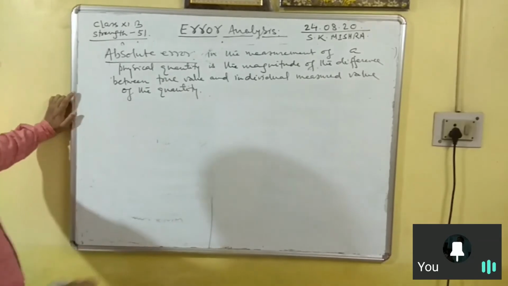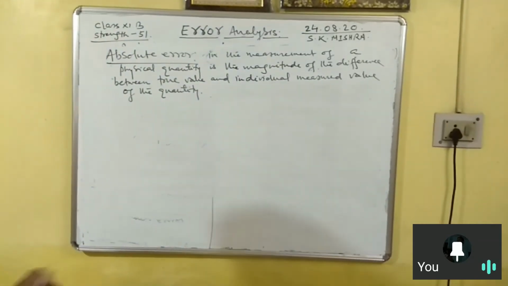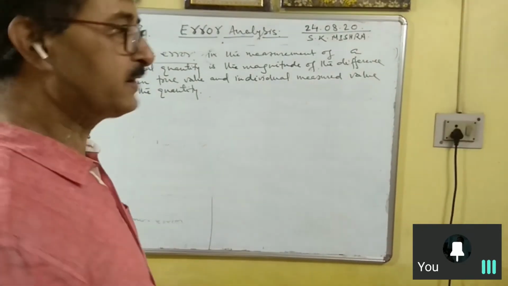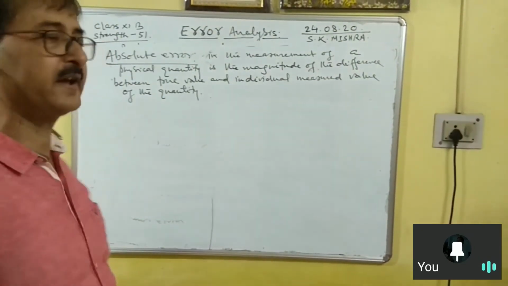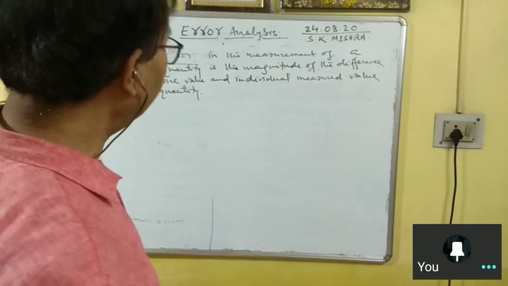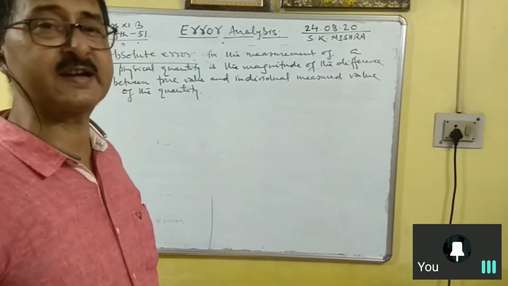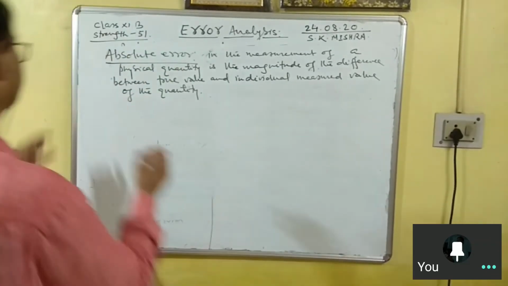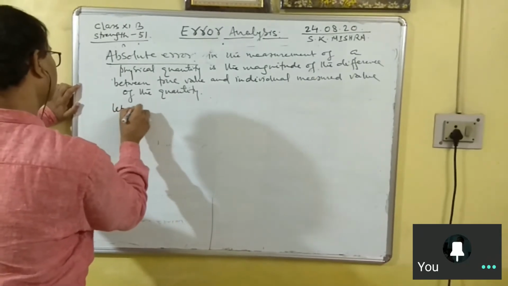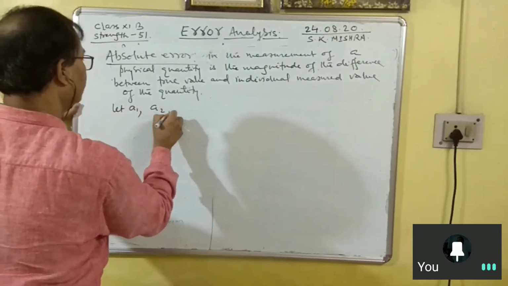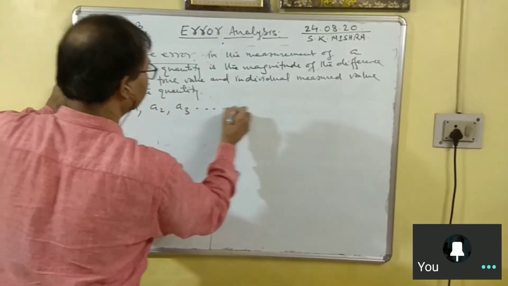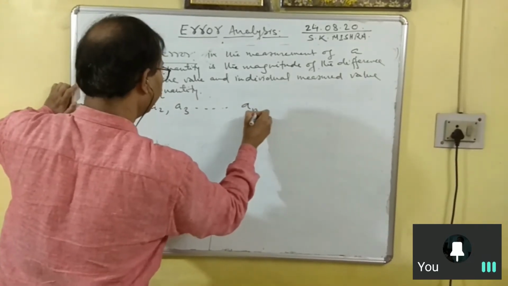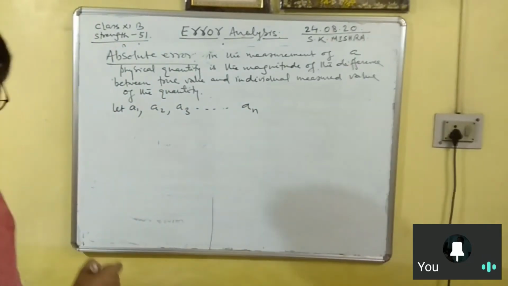This will become clearer with an example. Let A1, A2, A3, A4, dot dot dot An be the individual measured values of a physical quantity by someone. You may write capital or small n.